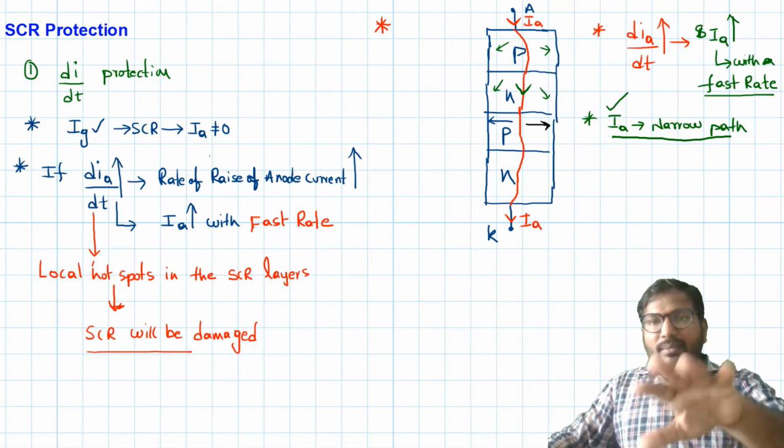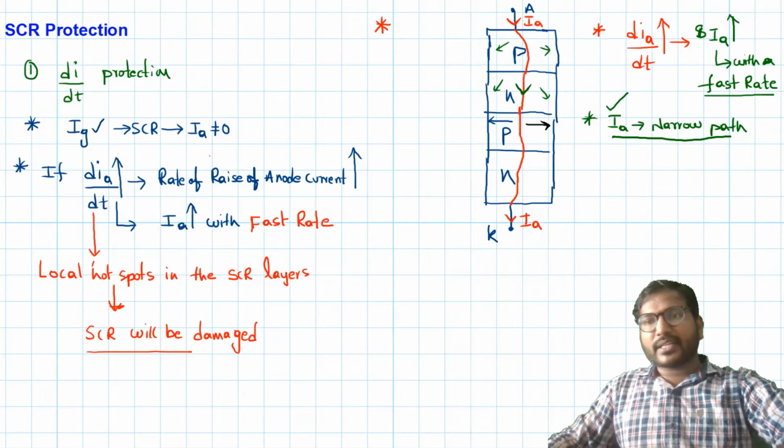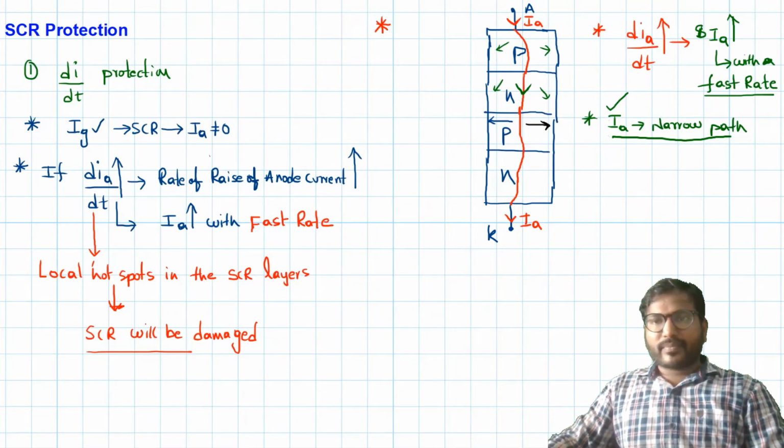In the remaining space of the SCR layers there is no current.